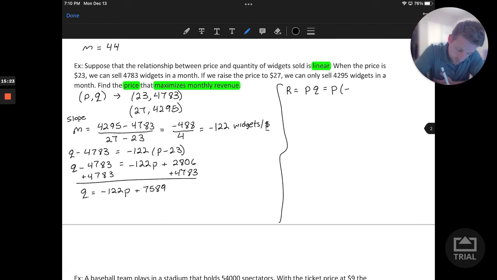So we can input negative 122 P plus the intercept 7,589.